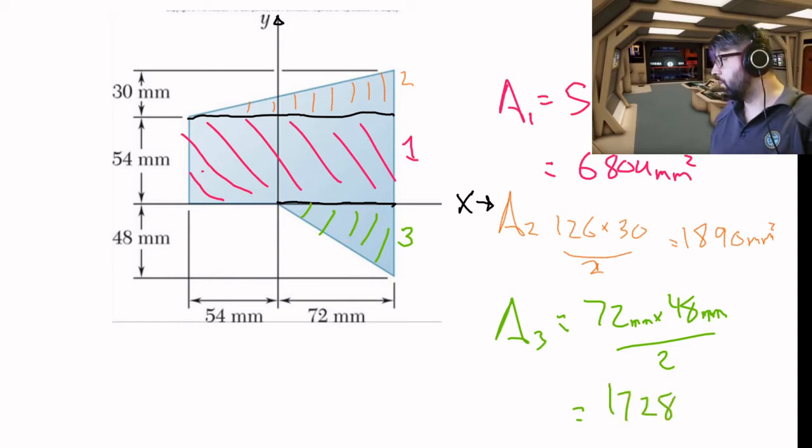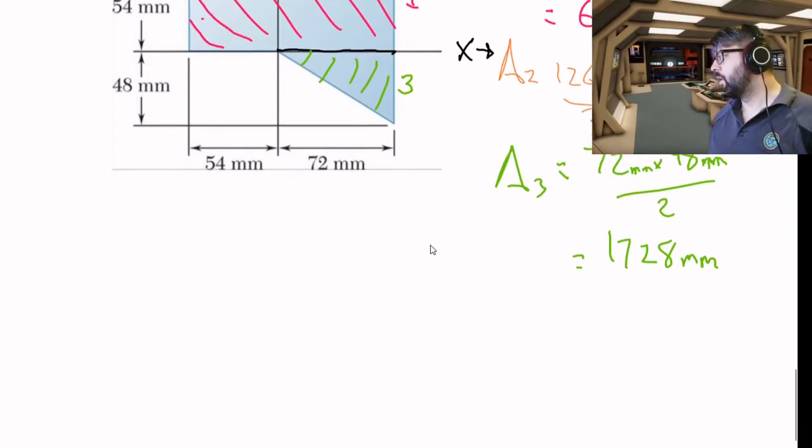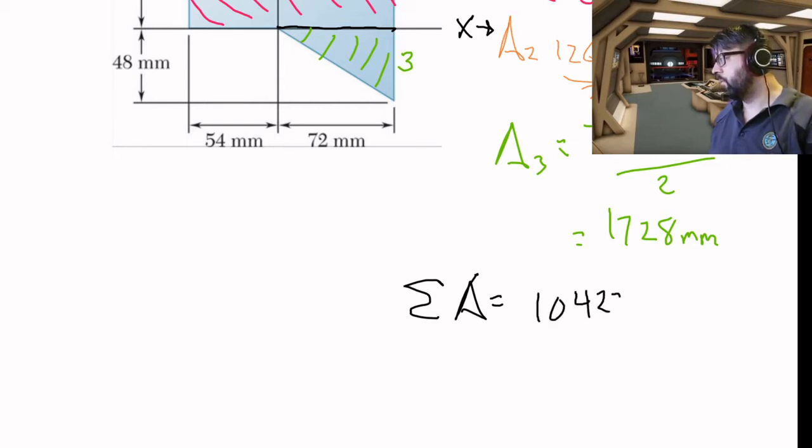That's 1728. Add them all together. And we get 10,422 millimeters squared. So that's simple enough.